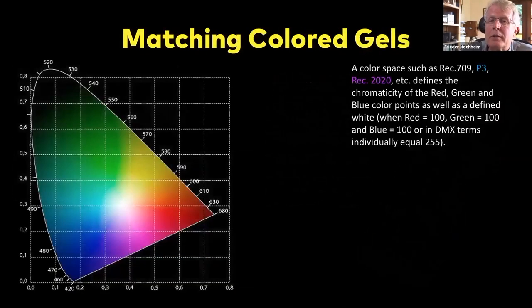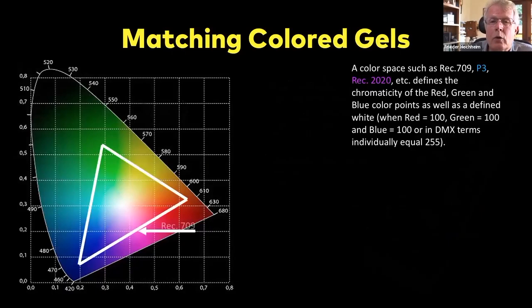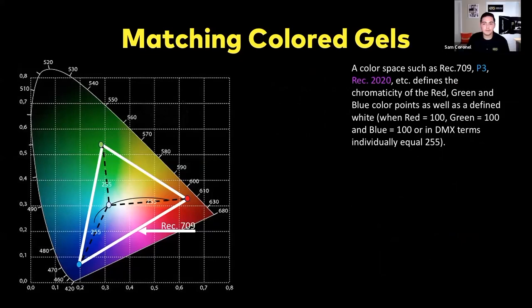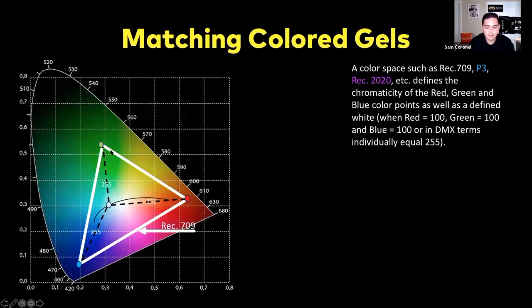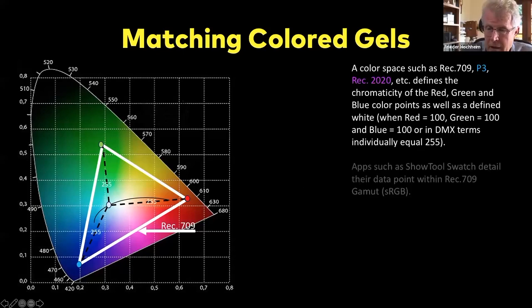So let's see. Color spaces such as 709, P3, 2020, those all define their chromaticity points through a value of 100, or in DMX terms, if you're looking at a slider, 255 positions. So that means every gamut is defined by its white point, D65, and there are 255 increments to get to the green point, to the red point, and to the blue point. And so we can plot all those values in that manner.